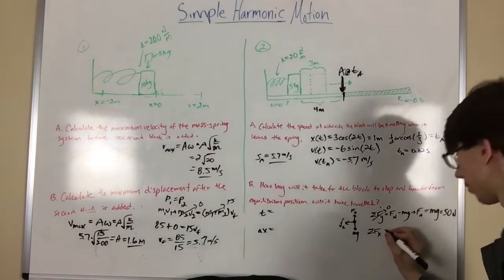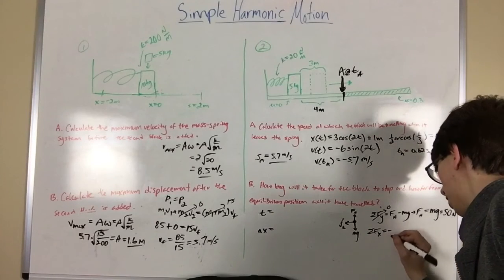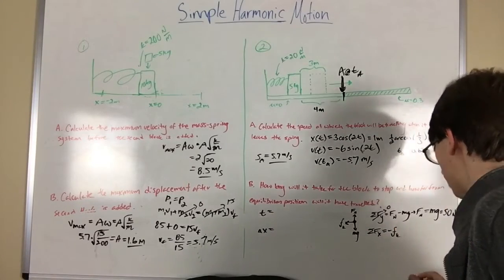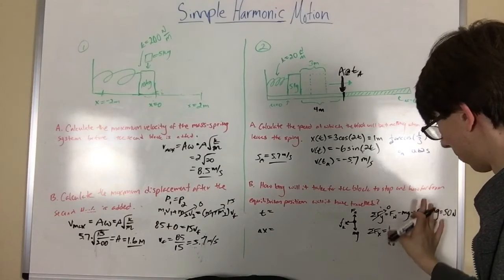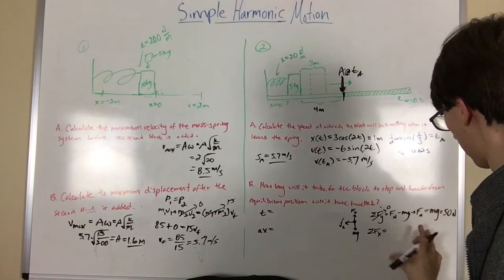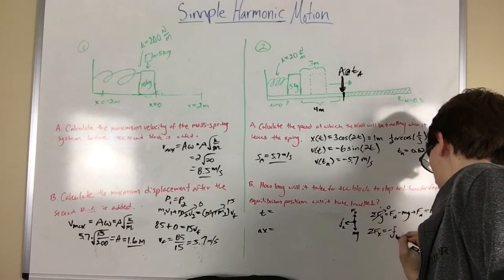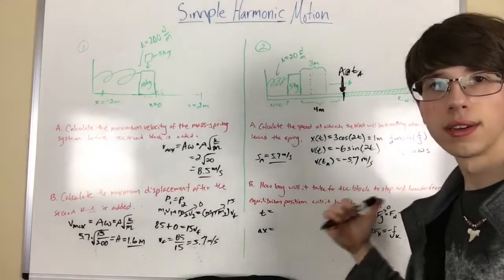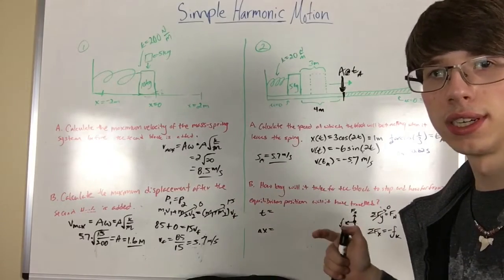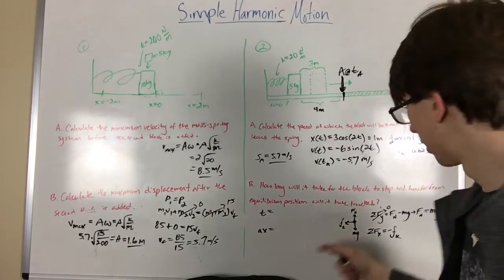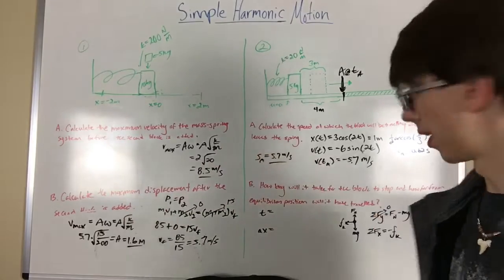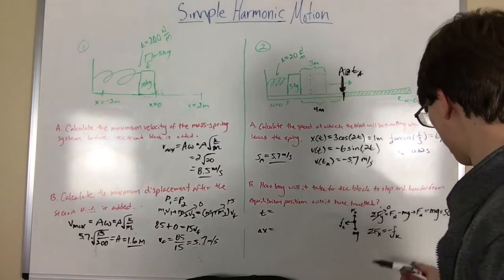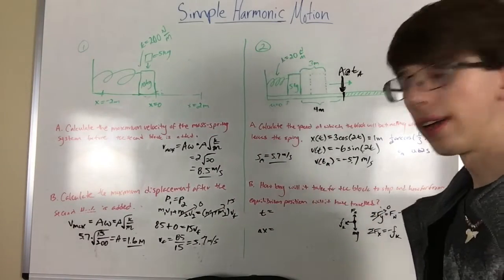The x forces is just the negative friction force, because it's going this way, but the acceleration is this way. This is the only force, but it's going that way. So it's negative friction.